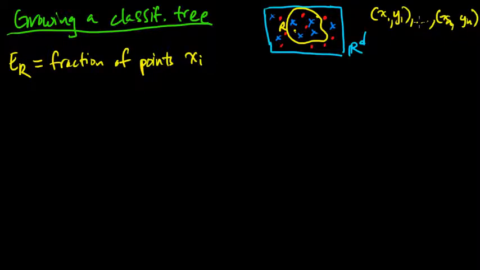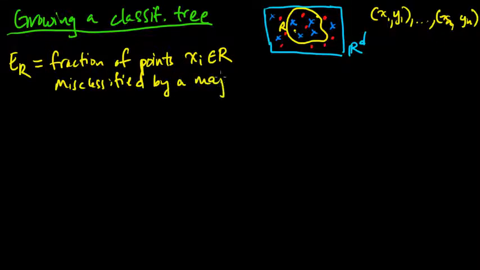So it's the fraction of points xi in our training data set, in the region R, that would be misclassified by a majority vote in the region R. So in this case, how many would we get wrong? We're classifying them as blue X's and there's 2 reds, so we would get 2 out of 6 wrong. So that would be 1/3 wrong for this R here.